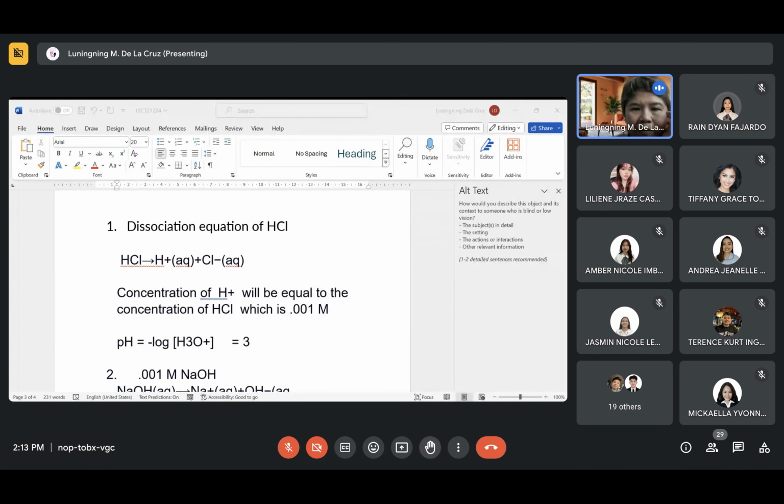Now, since there is no pOH, class, for hydrochloric acid, how are we going to get the pOH?